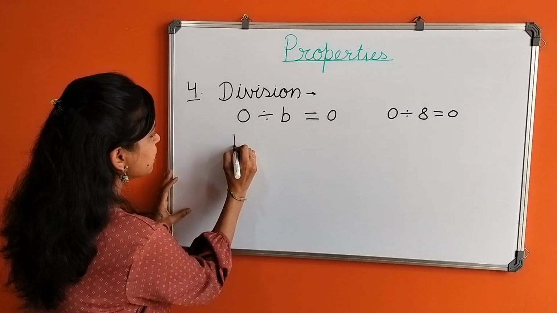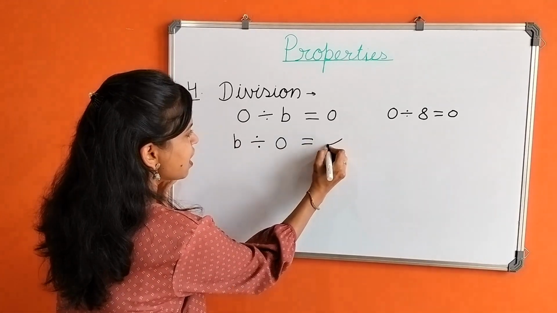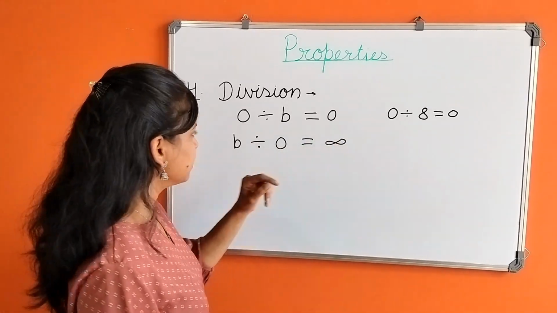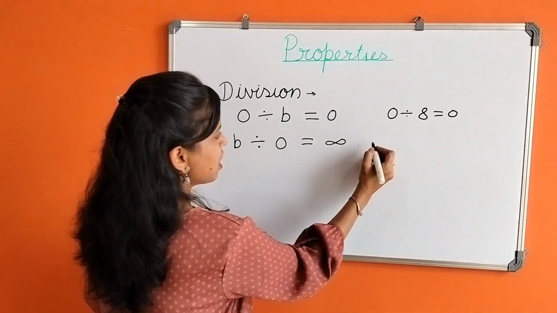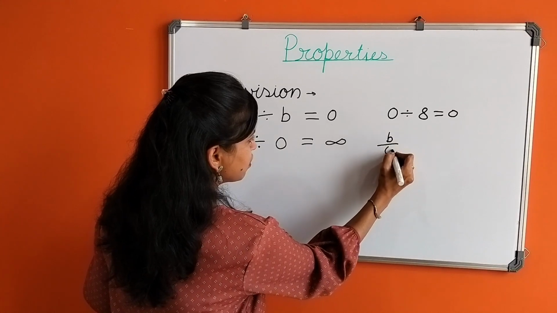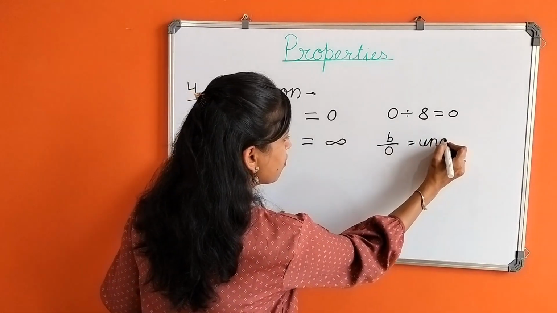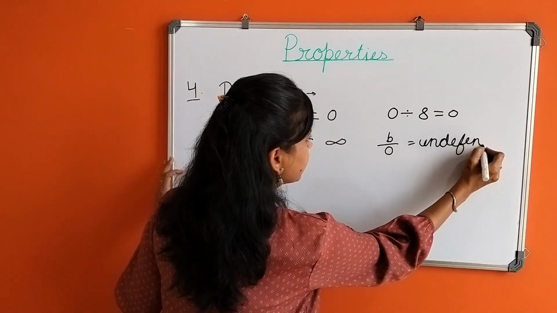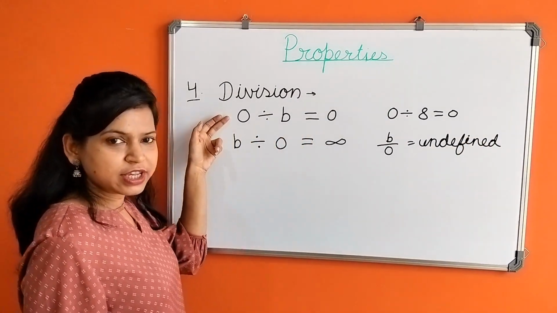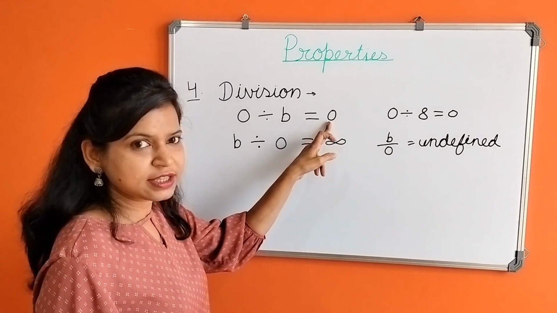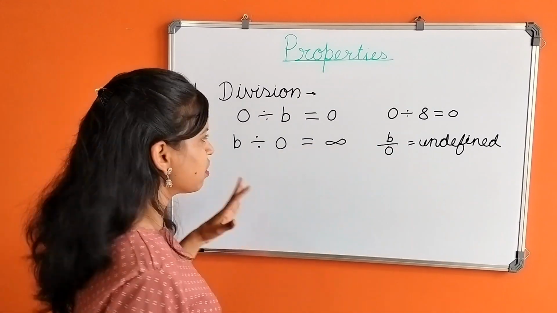If we divide any integer by 0, then the answer is not defined. When 0 is in the denominator, the answer is not defined, or you can say infinity. When 0 is in the numerator, the answer will be 0. When 0 is in the denominator, the answer is infinity or undefined.